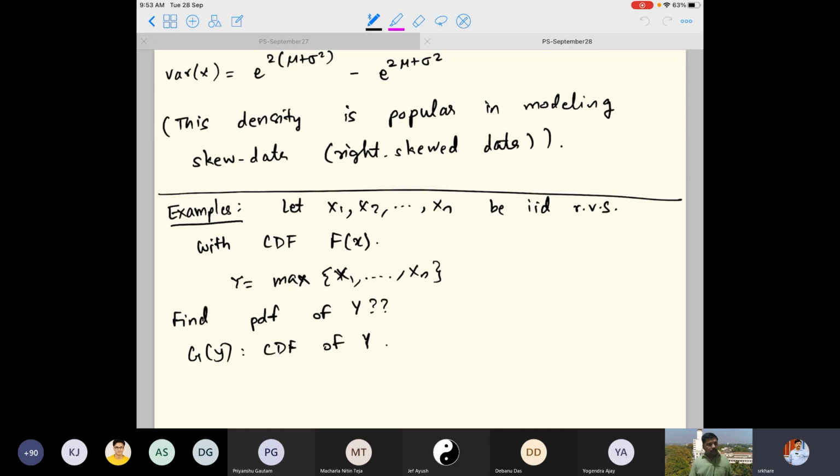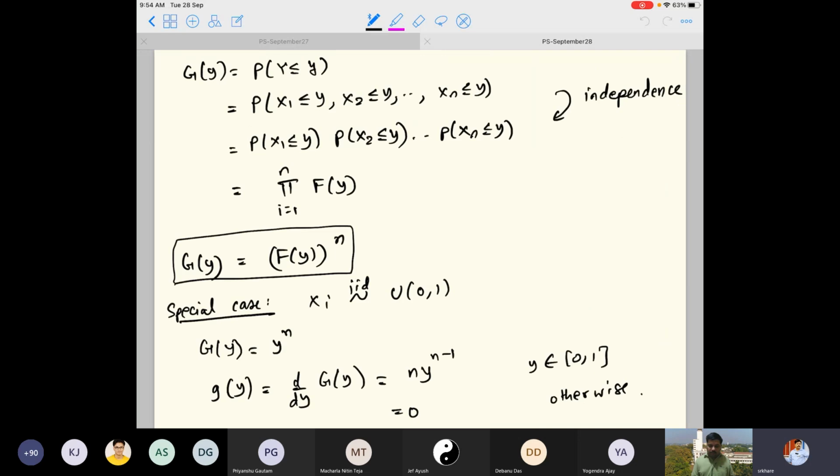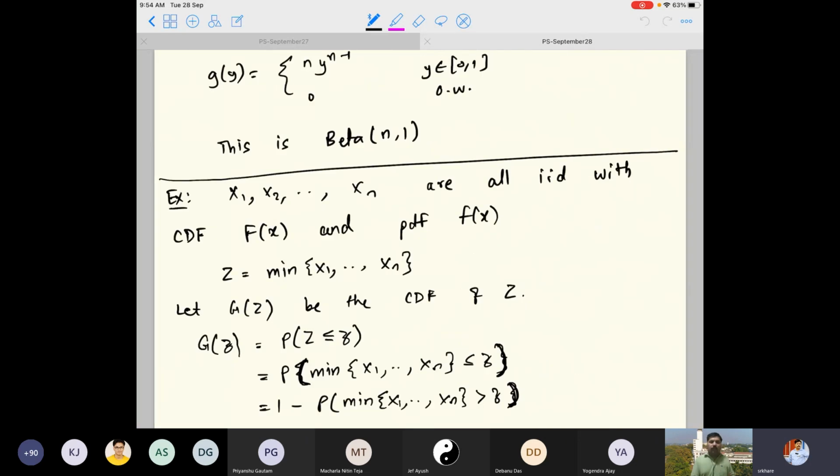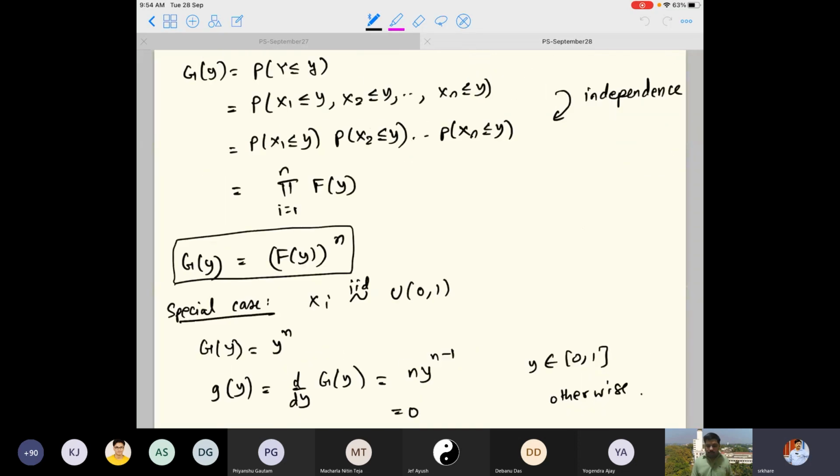Revise the lecture notes. Even if it is an open book test, make sure that you remember these formulas, because you might have seen that even in this proof I just wrote down x to the power n and quickly took the derivative, n y to the power n minus 1. Many of you may not remember that g(y) is of the form y to the power n for this uniform density.